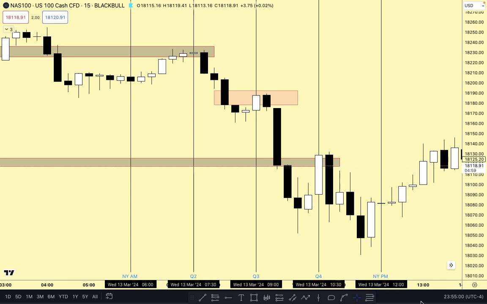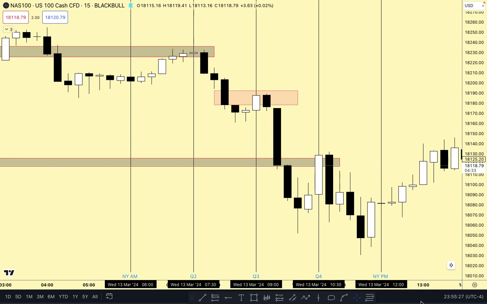So for the New York AM times, the quarters start at 6 till 7:30, then 9, and then 10:30, and then 12. Then at 12, that's when the quarter for the PM session starts. 12 to 1:30 would be the first quarter of the PM session, and 1:30 till 3 is quarter 2.